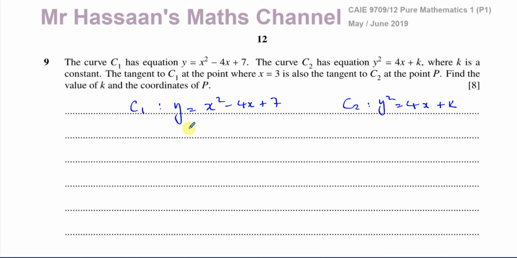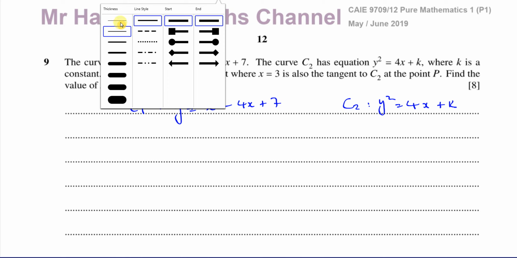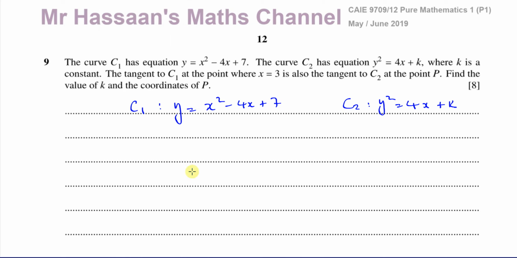The tangent to C1 at the point where x equals 3 is also the tangent to C2 at the point P. So a tangent is a line which has the same gradient as a curve at the point where it's a tangent to the curve, right?